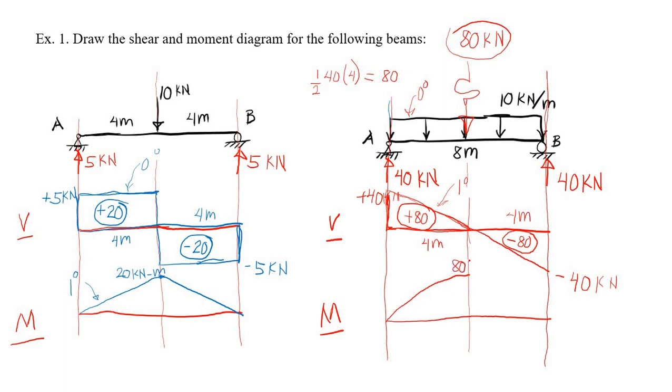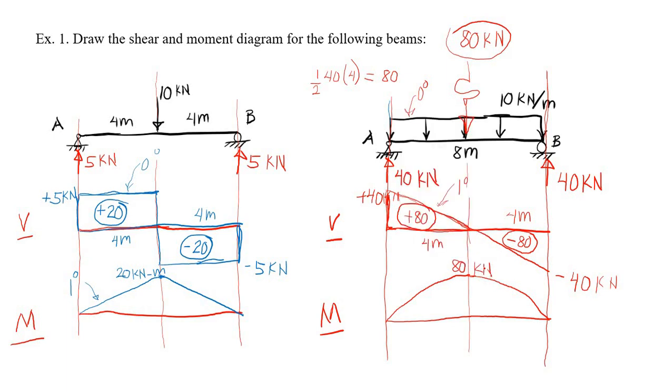0 plus 80 is 80. And for this particular portion here, the intensity of our shear is increasing. Therefore, the slope would be downward since this is negative, and the slope should be increasing downward. Okay, 80 minus 80 is equal to 0.